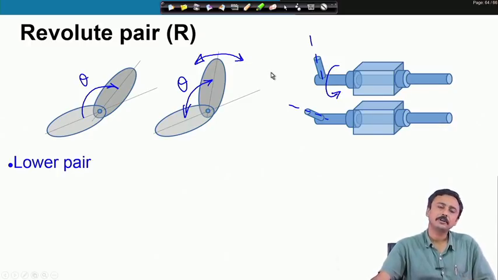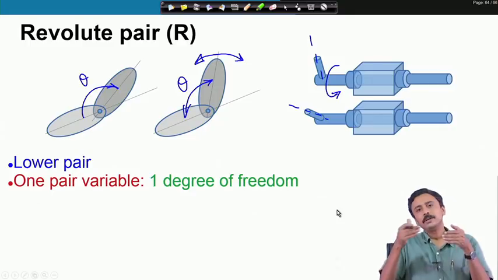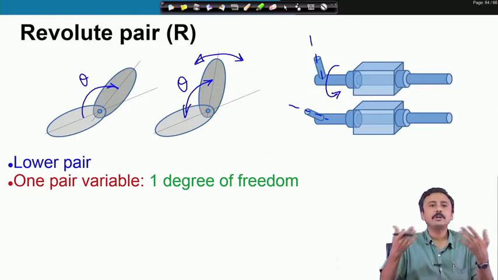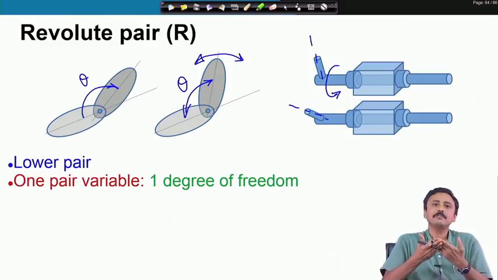A hinge or a revolute pair, as we call it formally, is a lower kinematic pair. It has one pair variable. So, we say it has got 1 degree of freedom. So, degree of freedom is the minimum number of variables that need to be specified to fix the configuration of the kinematic pair.